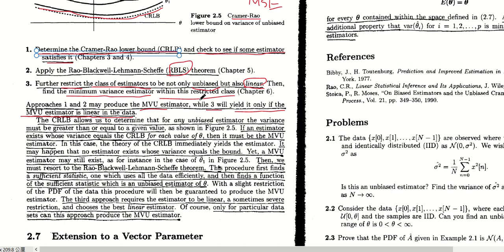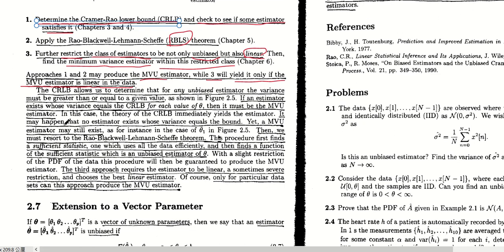So if it's a design issue, then we have to design it, and design is by itself very complicated. So it takes some procedure to try and see if we can find it. But if we cannot find it, then most likely we need to use other kinds of approach. So the CRLB allows us to determine that for any unbiased estimator, the variance must be greater than or equal to a given value.